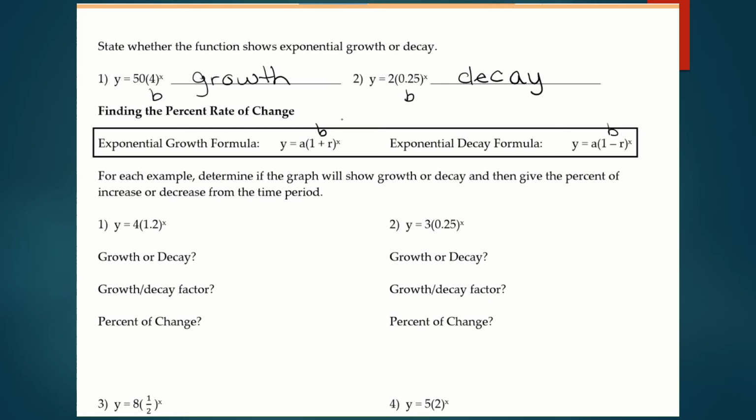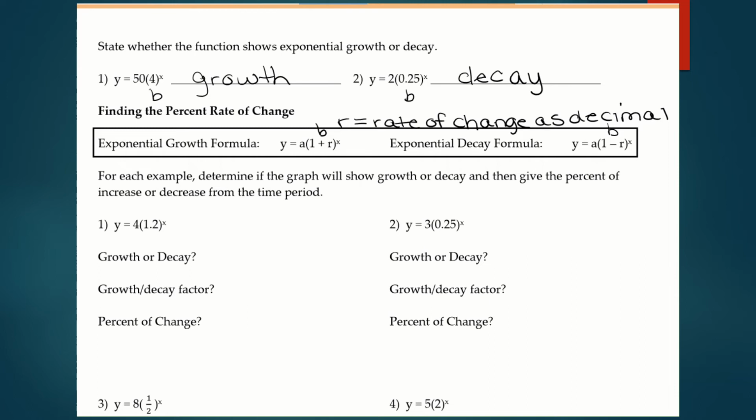This r value is our rate of change as a decimal. So how are our y values changing based on each increase with x? That's pretty much what we're going to be finding out here.